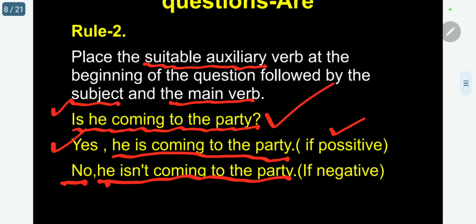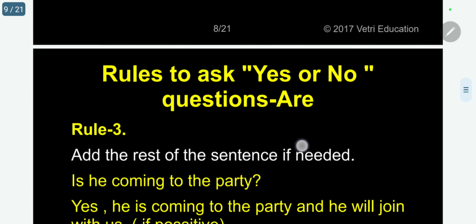That is negative. Instead of saying is not, it is better to say isn't, which is what we normally use in English. Rule 2.